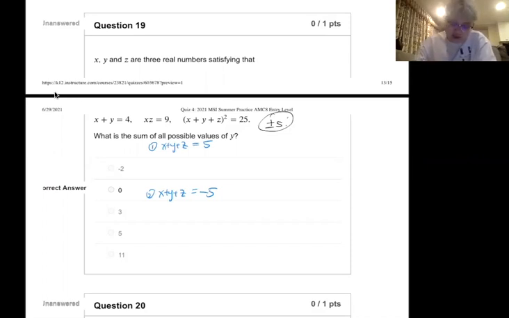So if x plus y plus z is 5, knowing that x plus y is 4, that will give us z equals 1. Knowing that xz equals 9, then it will give us x equals 9.